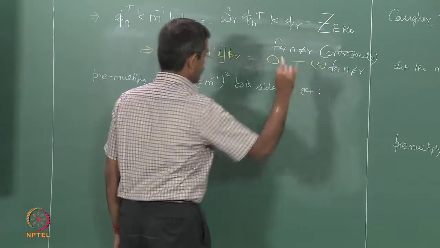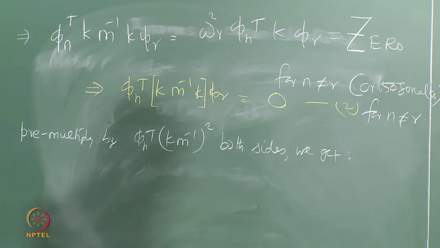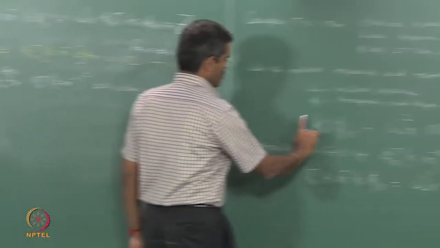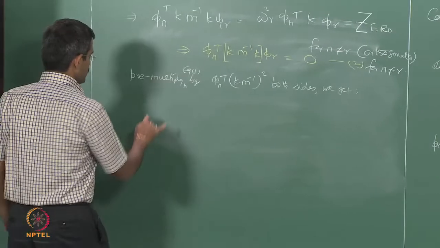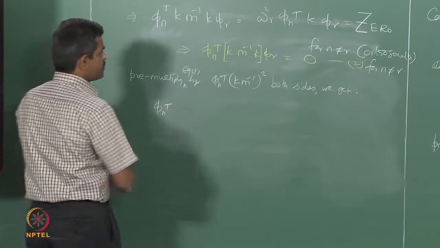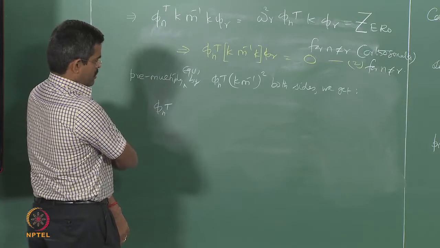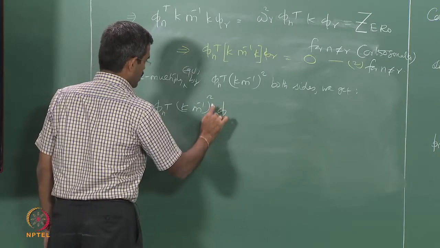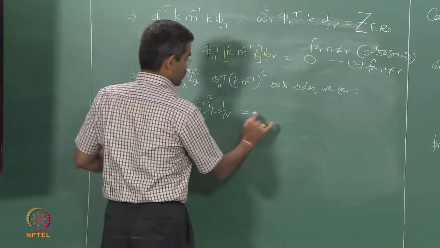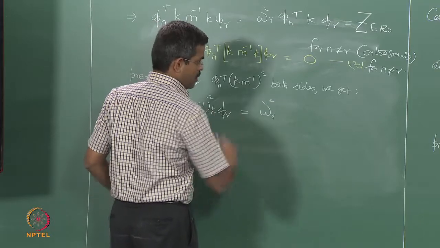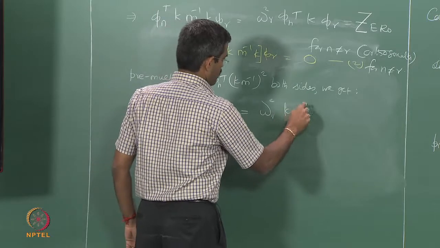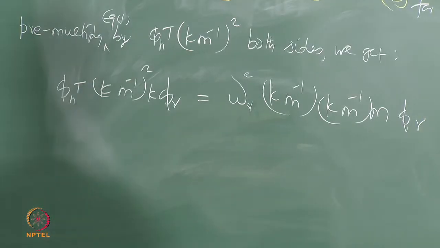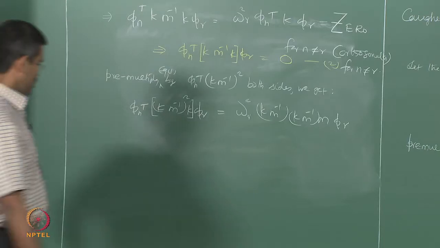We get, re-multiplying equation 1, this equation: phi n transpose k m inverse square k phi r is equal to omega r square k m inverse m phi r. Okay, let us separate this for multiplication sake. This becomes identity.